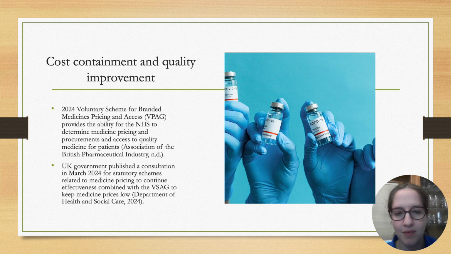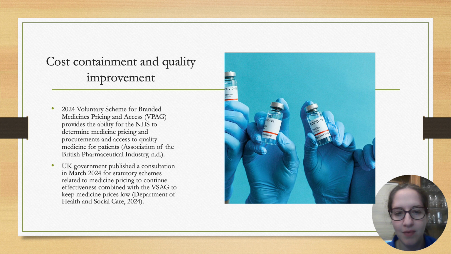For cost containment and quality improvement, there is a 2024 voluntary scheme for branded medicine pricing and access that stands for VPAG, provides the ability for the NHS to determine medicine pricing for quality of medication and keeping pricing low, according to the Association of the British Pharmaceutical Industry, ND.